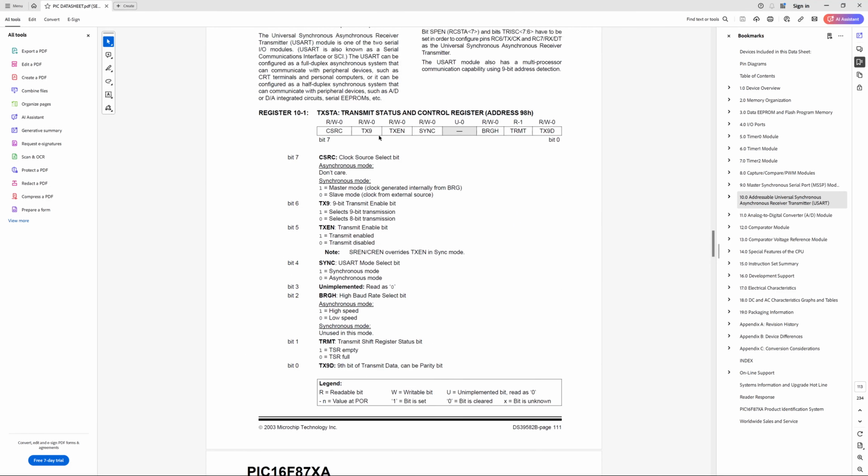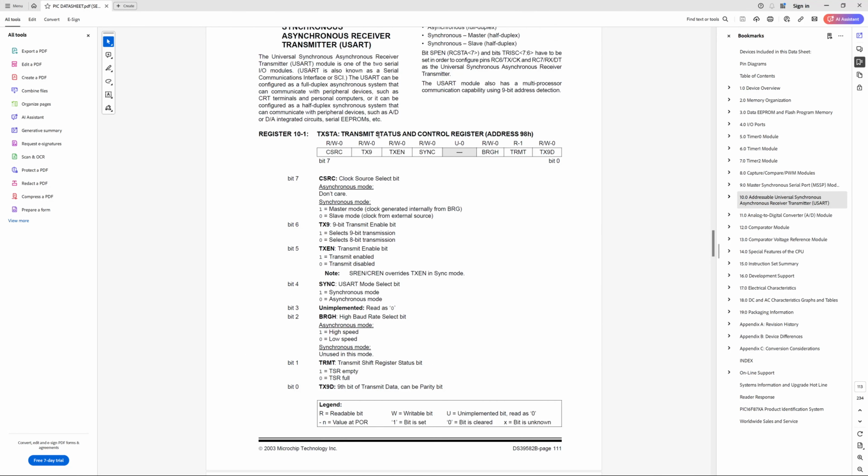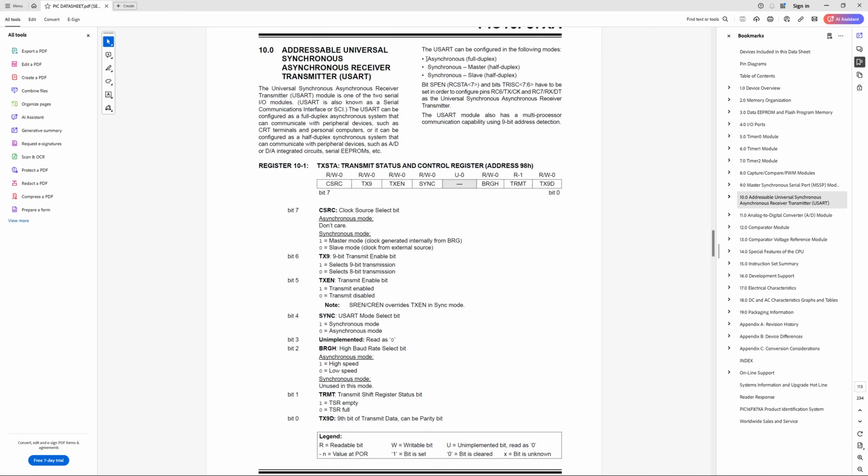Before that, you need to know how UART asynchronous works. We are going to configure in this mode, asynchronous full duplex mode. Based on the requirement, you have to configure, and right now I need this mode, so that's why I am configuring in it.